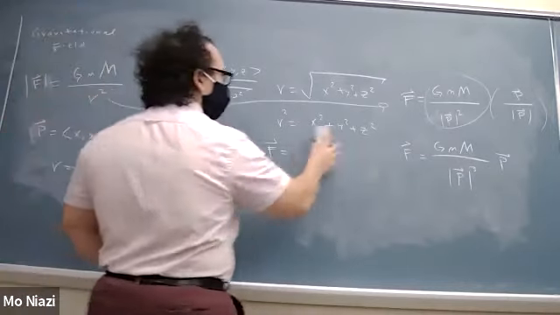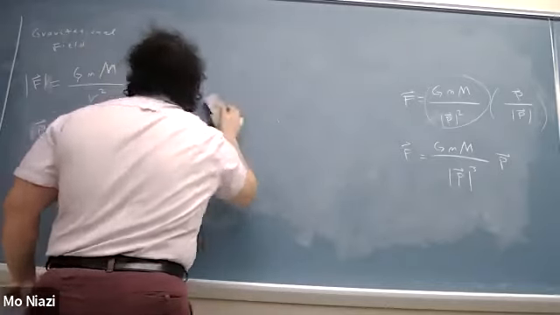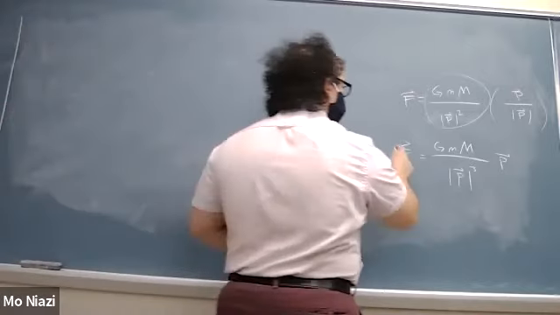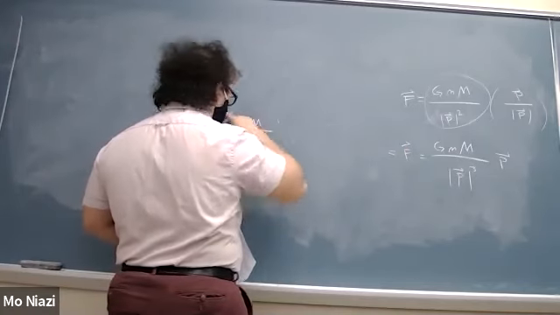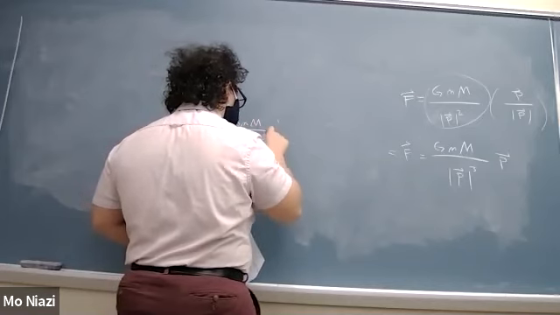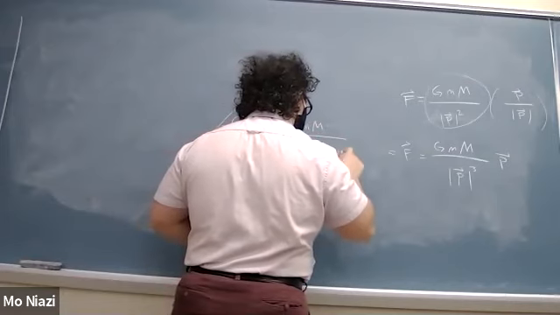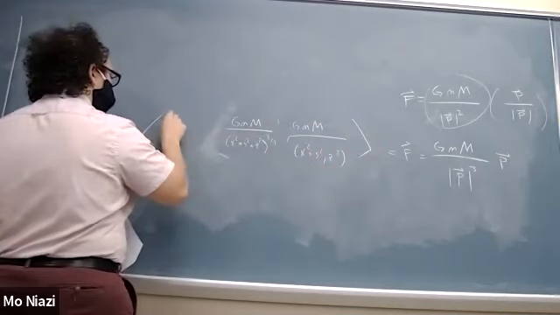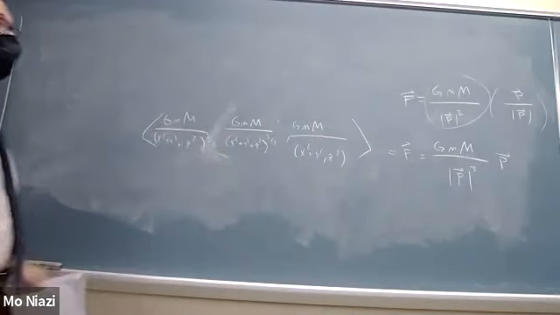And so when you write it out to get the three-dimensional expression for the gravitational force field, the vector field for gravity, what's up with that 3/2 business?